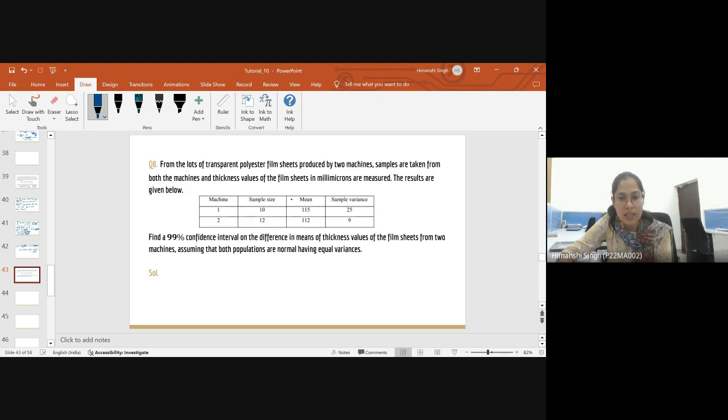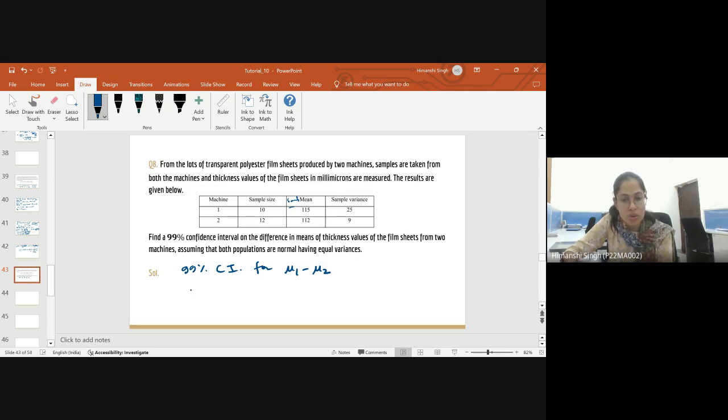Sample size, sample mean and sample variances are given. We need to find a 99% confidence interval on the difference of the means, that is, the 99% confidence interval for mu1 minus mu2 of the thickness values of the film sheets from the two machines, assuming that both populations have equal variances.